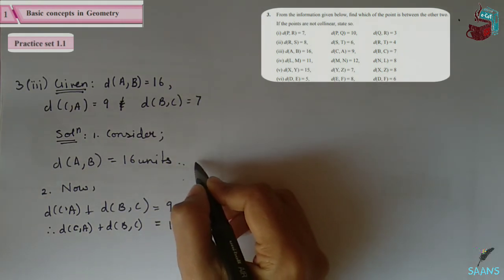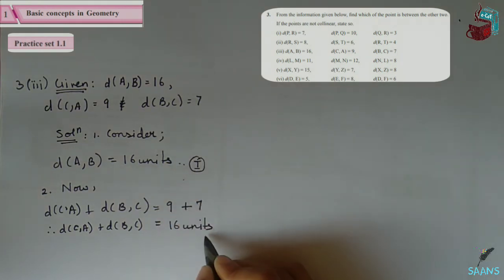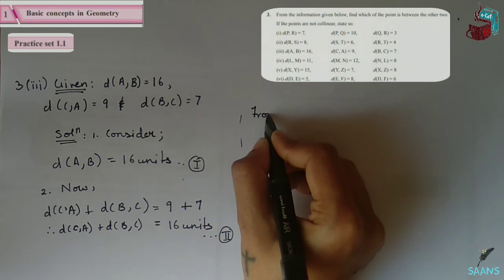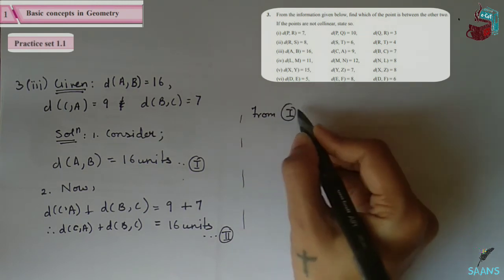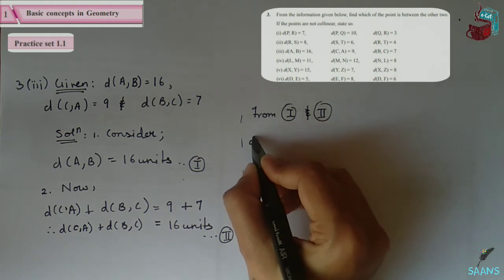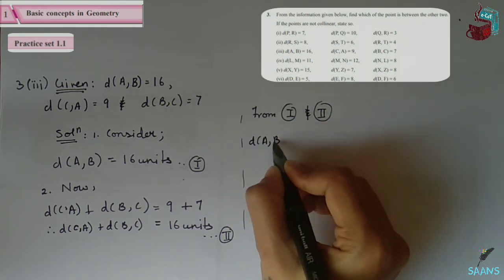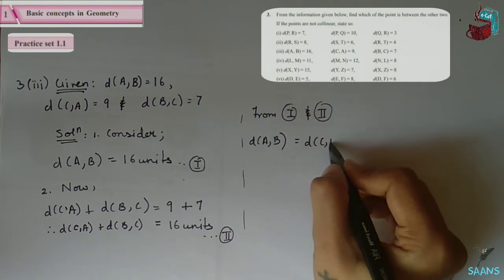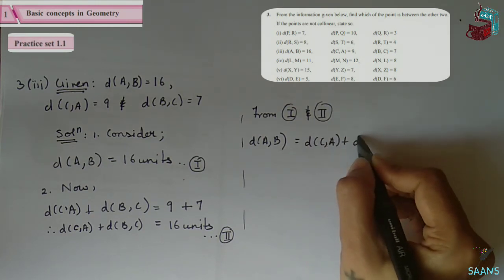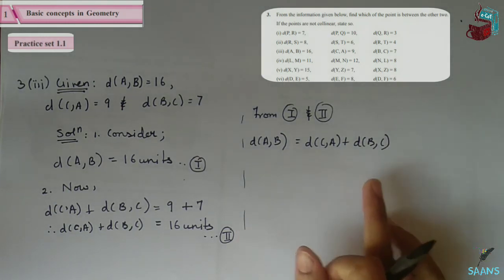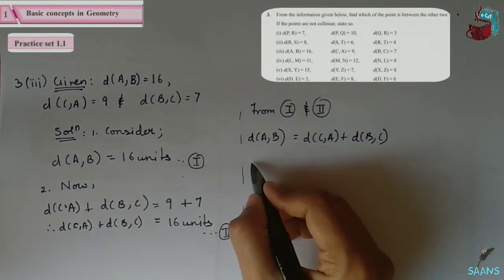As I said at the beginning, name this as equation 1, this as equation 2. So from 1 and 2, what do we get? Distance A comma B is equal to distance C comma A plus distance B comma C. Since they are equal, all 3 points are collinear.